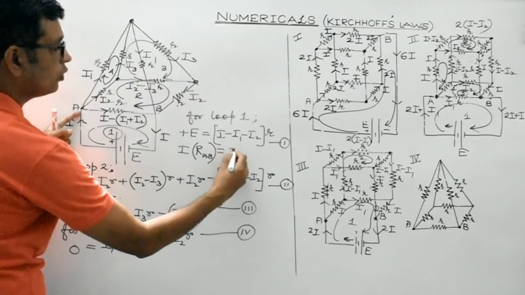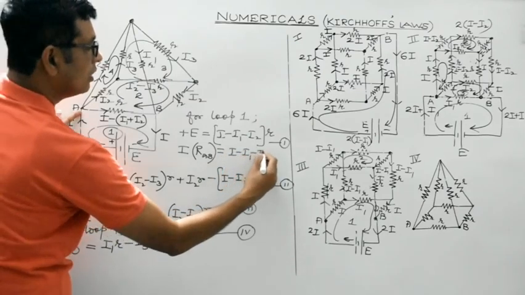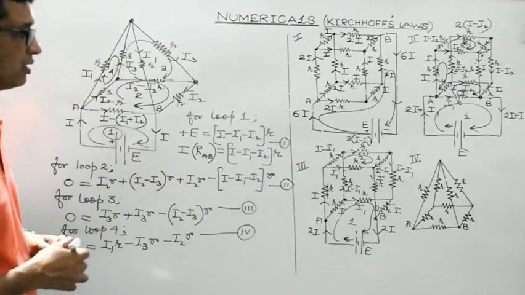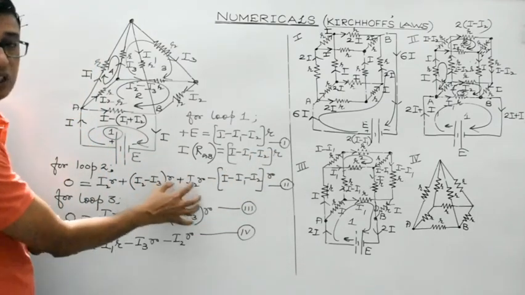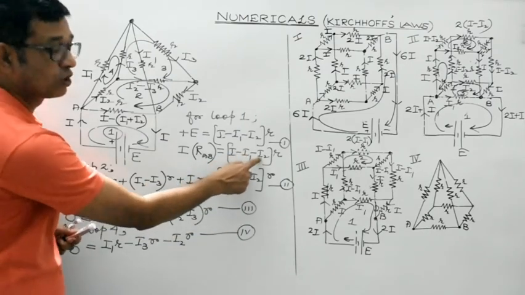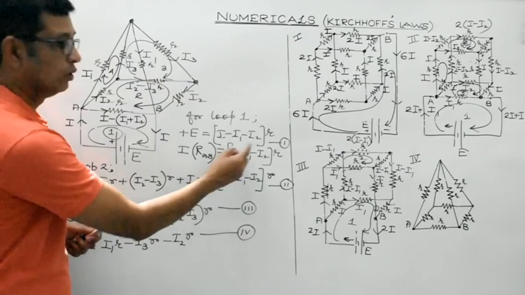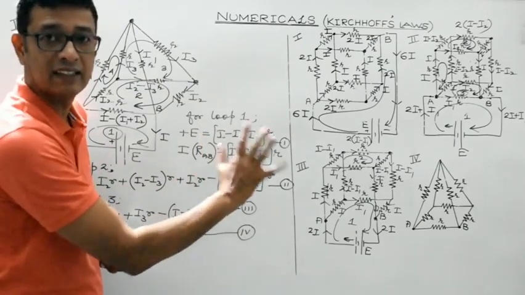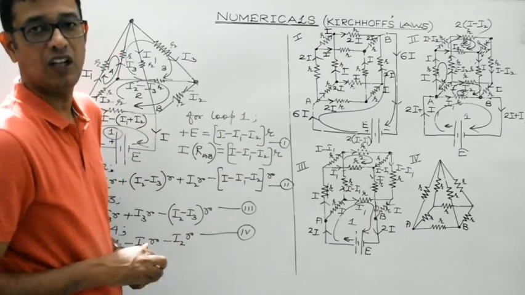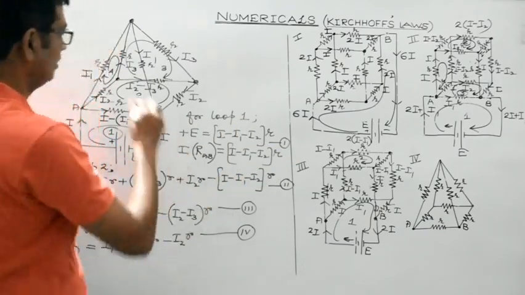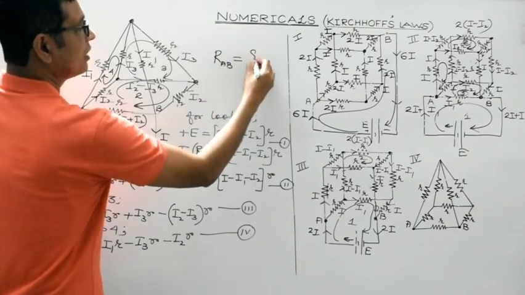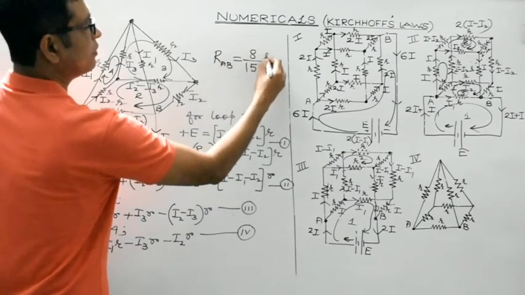It is equal to I minus I1 minus I2 into R. So students, what you need to do is that using the other 3 equations, substitute the value of I1 in terms of I and also substitute the value of I2 in terms of I. So I on both the sides will get cancelled out and you will get the result RAB in terms of small r. I will tell you the answer. The effective resistance in this case is found to be, I think, 8 by 15 times small r.